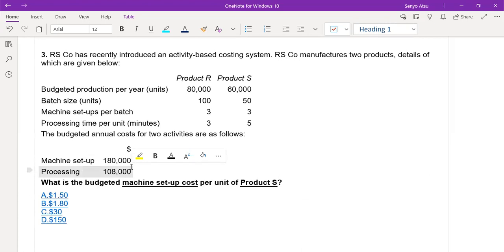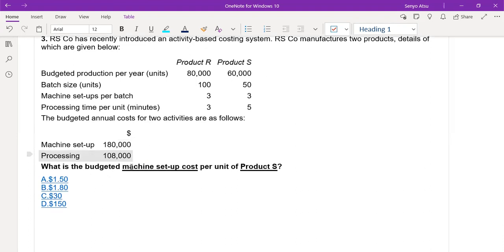RSCO has recently introduced an ABC system. RSCO manufactures 2 products, details of which are given below. Question is on product X. So first thing I've got to do is to calculate the overhead absorption rate for machine setup. Only that one.